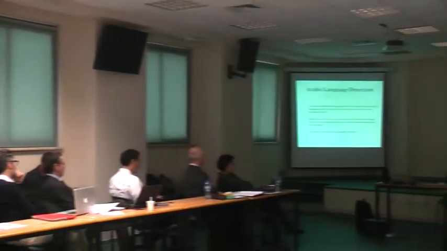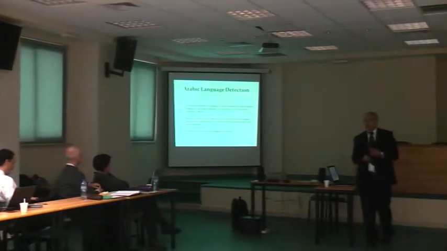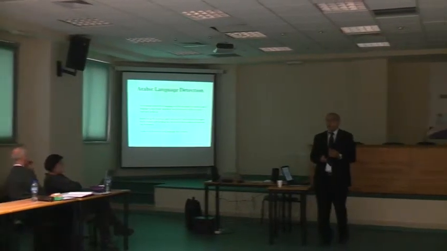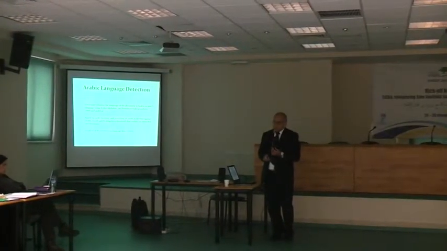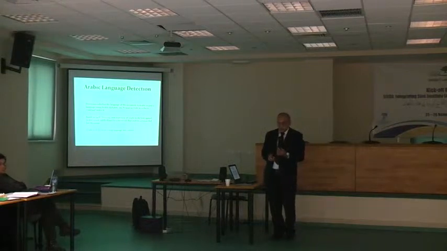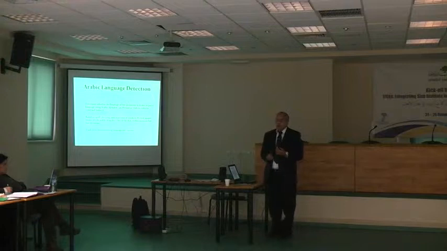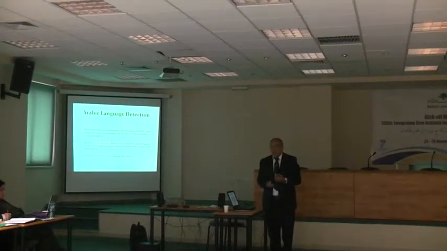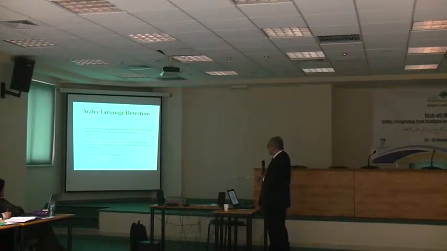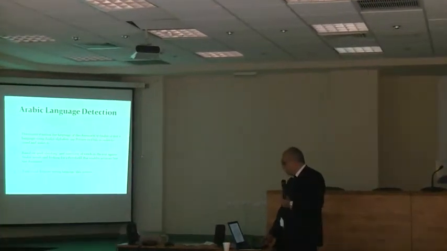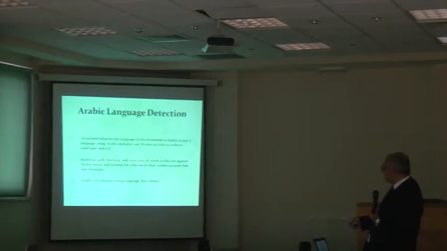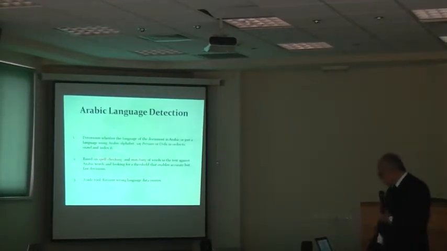So basically, if we want to detect whether a text is really Arabic or not, we have to spell check it, at least spell check the component that is in Arabic script, and depending on the ratio of errors that we find, we will be able to tell whether that's Arabic or not. And of course, we had a derivative tool I will not talk about, but this is the basic idea.